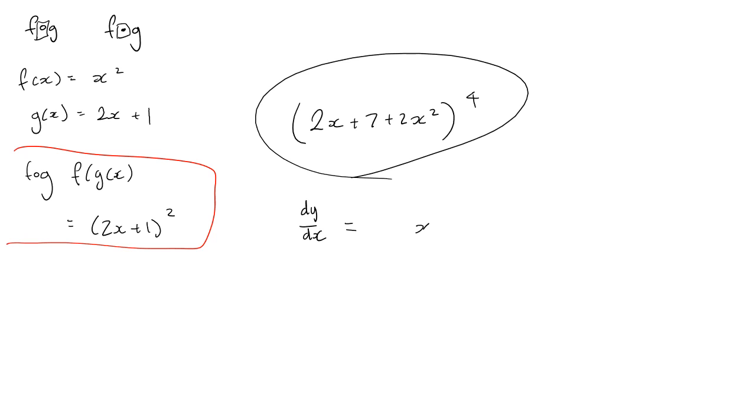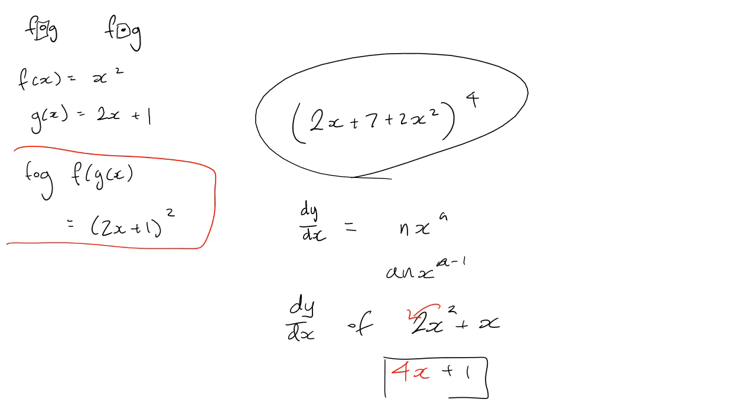If we had x to the power of a, then the derivative would be a times x to the power of a minus 1. So if we were finding the derivative of 2x squared plus x, we would move the power down, so that would be 4x plus 1.